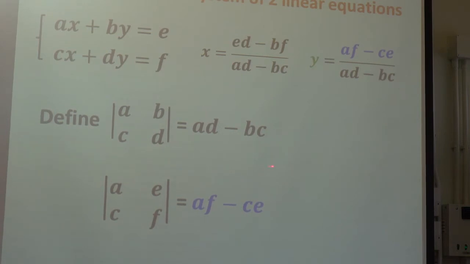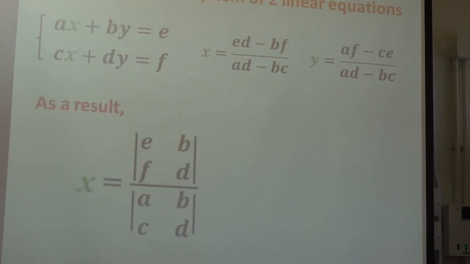That is AD minus BC. Okay? And from now on, you know that the answer for x is simply determinant over determinant, and y is another determinant over determinant. So we can deal with answers systematically later on. Okay? This is our original purpose of solving equations.